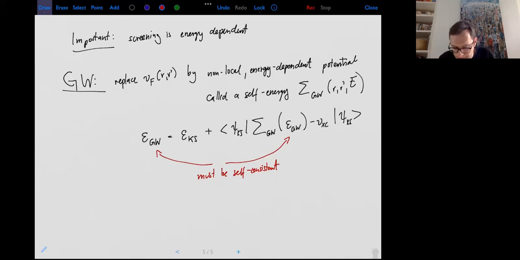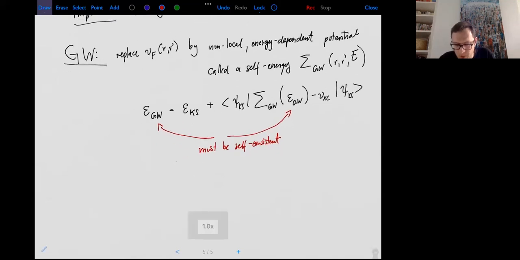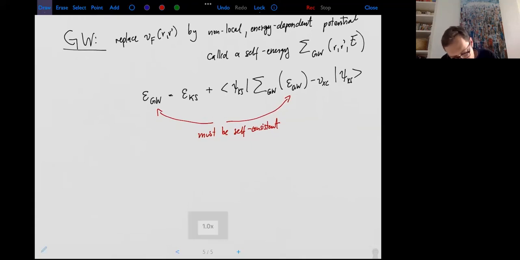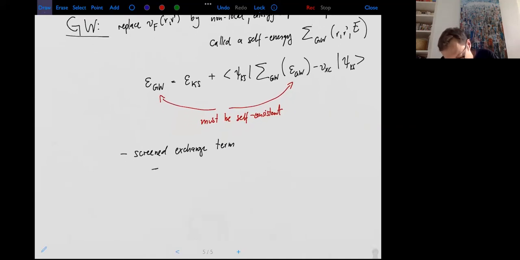Okay, so we need the self-energy, and what is it? It has an exchange term similar to Hartree-Fock, but the crucial difference is that this exchange term is screened. Screened exchange spells SEX, and it's given by the following.